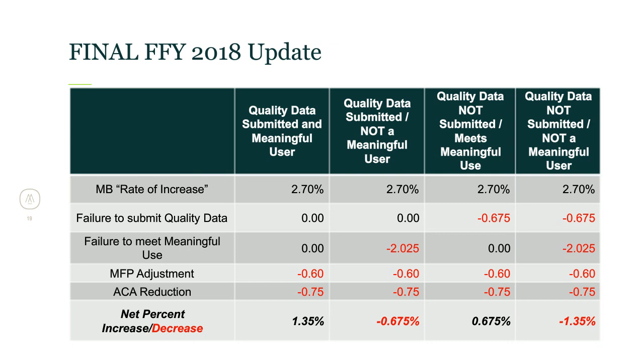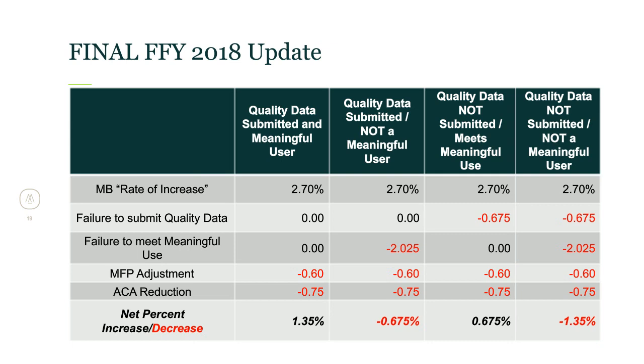And so what they're doing is they're taking that market basket rate of increase, but they're also adjusting it for those folks who are utilizing their EHR systems to report quality data and meaningful use of that EHR system. And then they're also incorporating several other factors related to productivity adjustments and other reductions through the Affordable Care Act to arrive at what the base market basket factor will be for the current year.